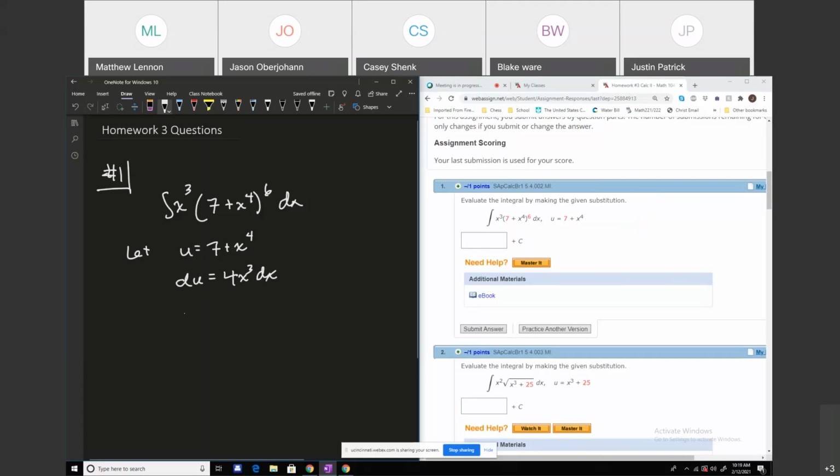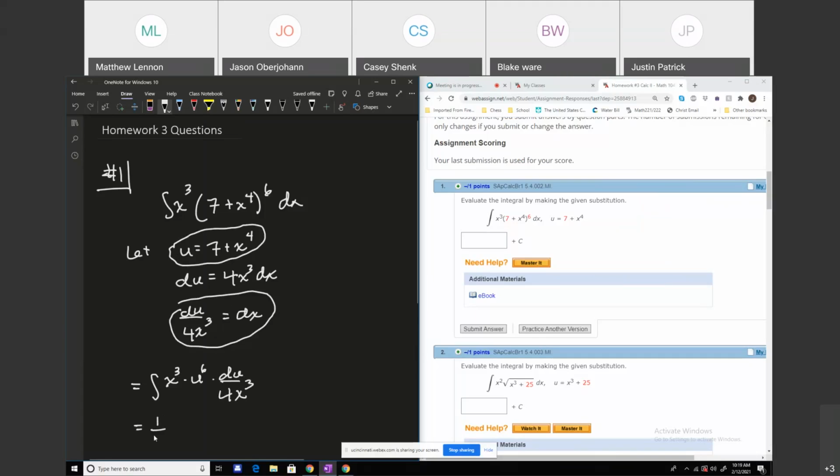And then divide by 4x cubed. So du over 4x cubed is dx. And again, the only two parts we're really using is this part and this part to transform our integral. So the integral then becomes the integral of x cubed times u to the sixth power times du over 4x cubed.